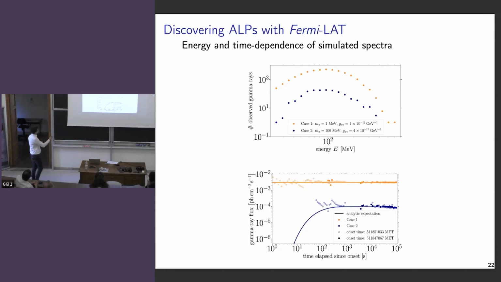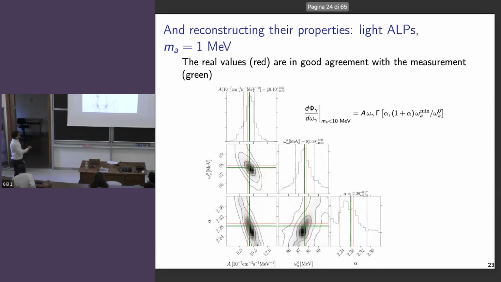On the other hand, if we consider the upper panel, you can see that the shape of the flux is quite similar, but by fitting them through an analytical formula that they obtain in the paper, some important information can be obtained. Here you can see the analytical form through which they parameterize the expected observed gamma ray signal. This is valid only in the ultra-relativistic case where the mass is lower than about 10 MeV, and depends on three parameters: A, alpha, and omega 0.